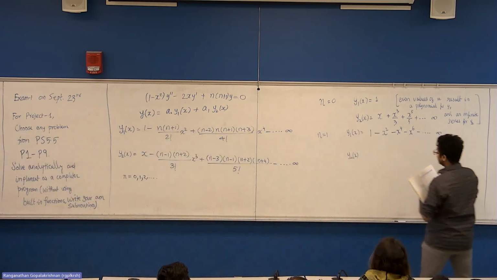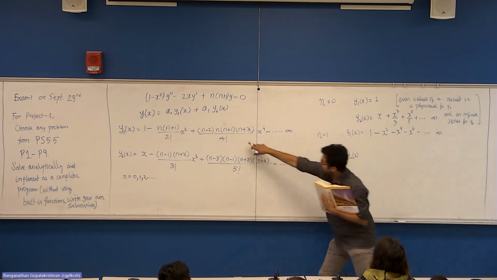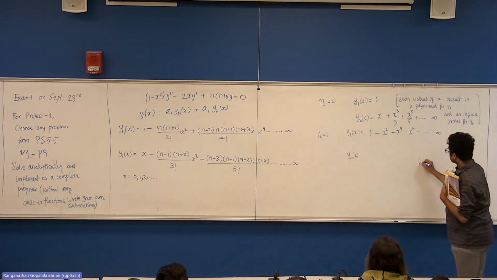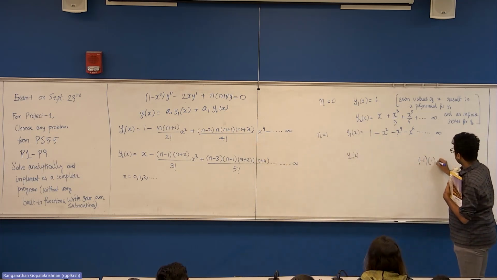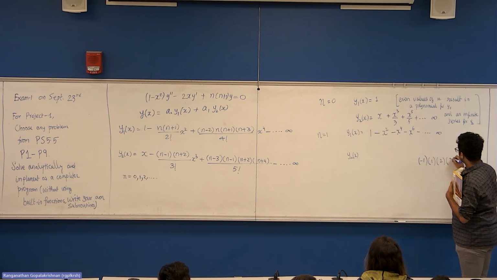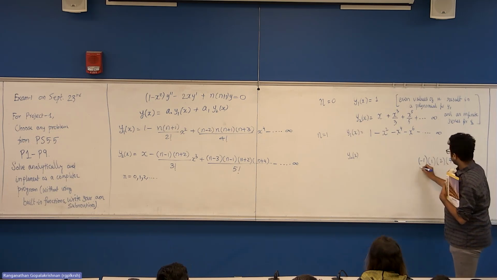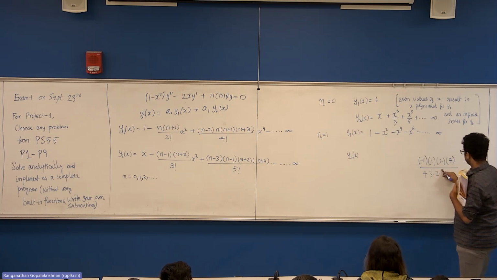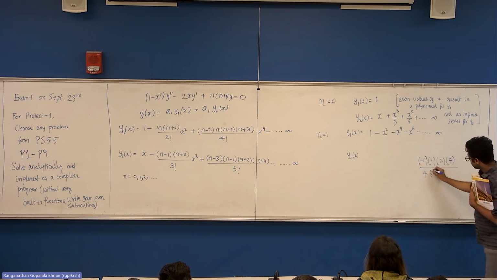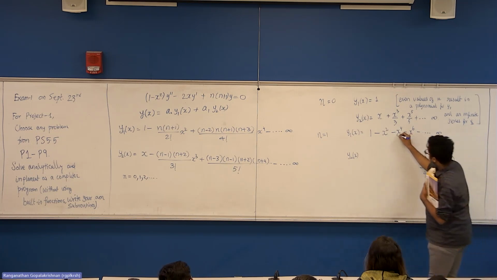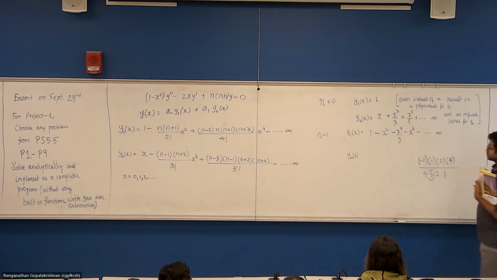So I'm looking at this term here. So you'll have minus 1 times 1 times 2 times 4 divided by 4 factorial, which is 4 times 3 times 2 times 1. So I'm left with a 3. So this is x to the 4th over 3.